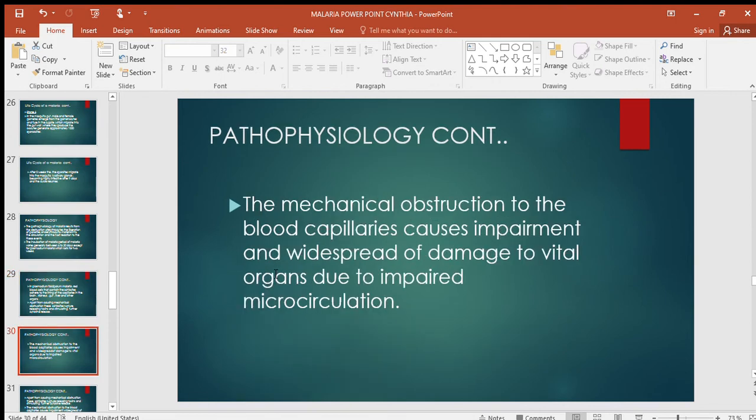So the mechanical obstruction to blood capillaries causes impairment and widespread damage to vital organs due to impaired microcirculation. As we are seeing, in the blood capillaries, these red blood cells, which are containing the parasites, are so heavy that they are not moving properly.